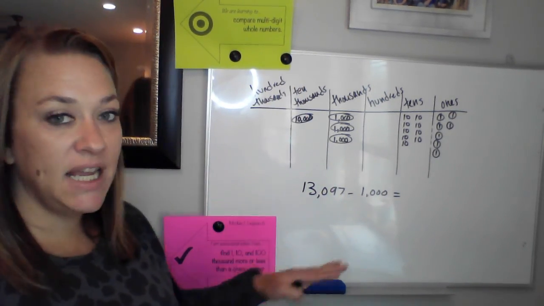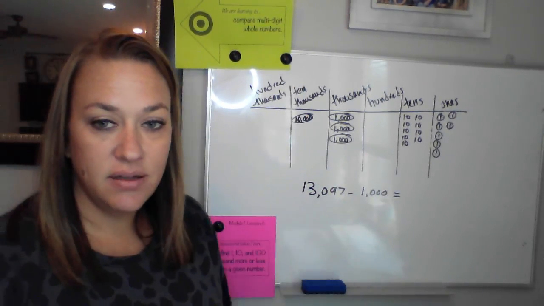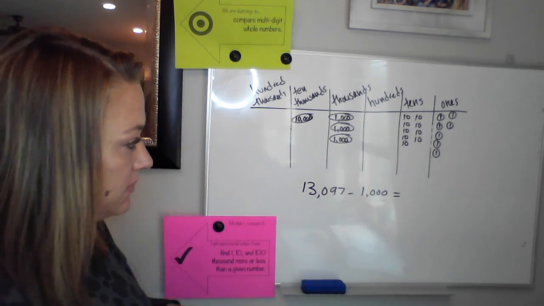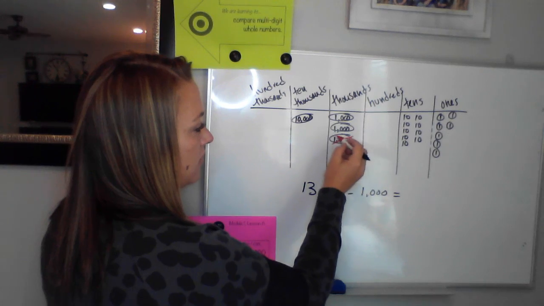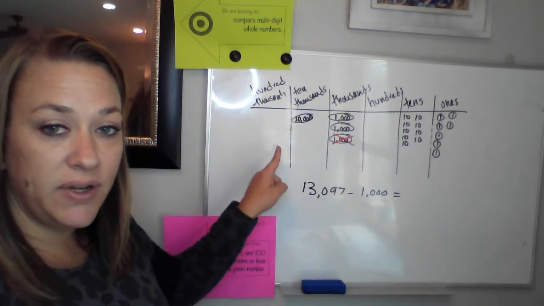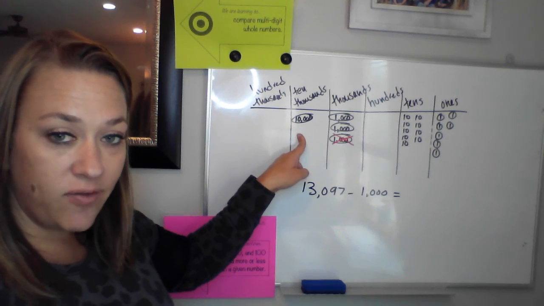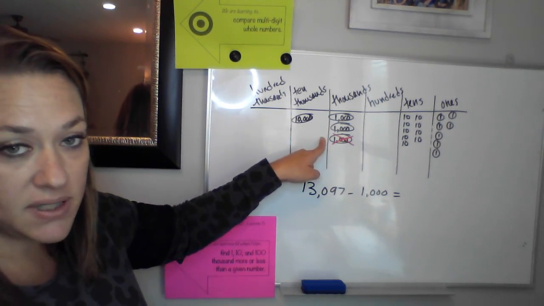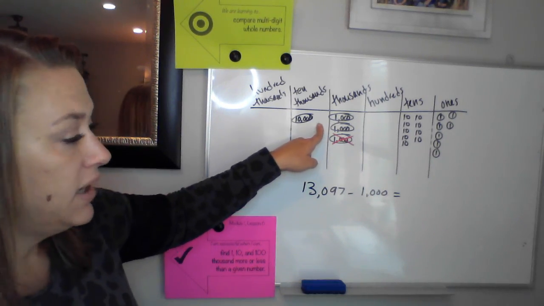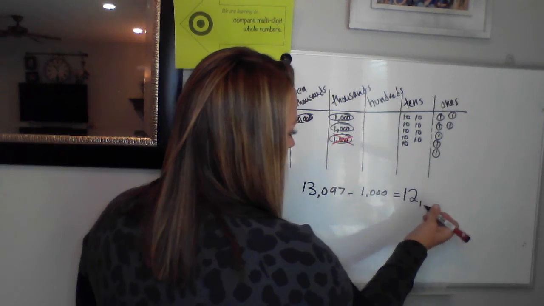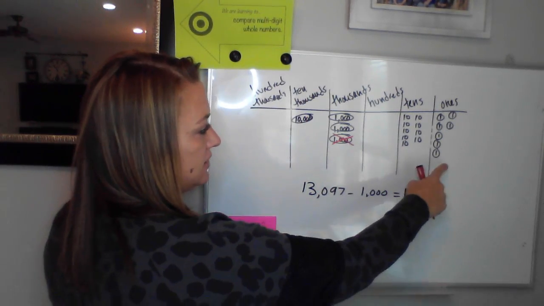Okay. And if I'm taking away 1,000, then that means I'm going to take one of these away. I'm going to subtract them, or you can just cross it out. Okay. So now I can rewrite this as I still have my 10,000s, but now I only have 2,000. So 10 and 2 is going to give me 12,000. And these stayed the same.